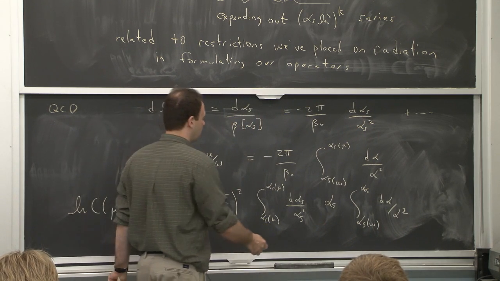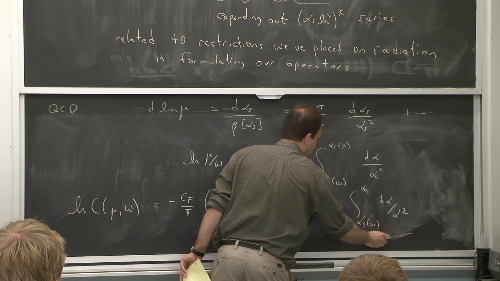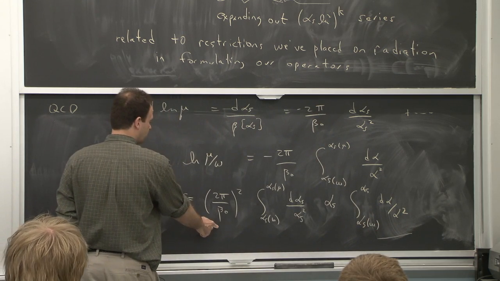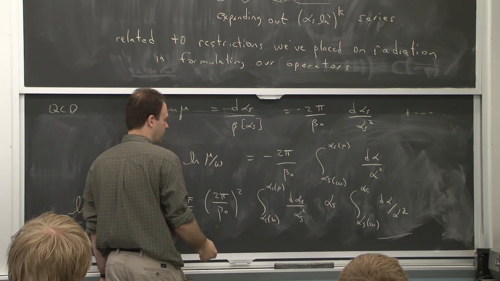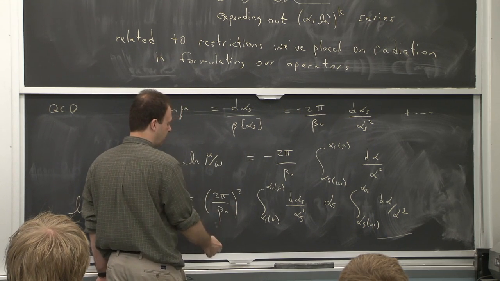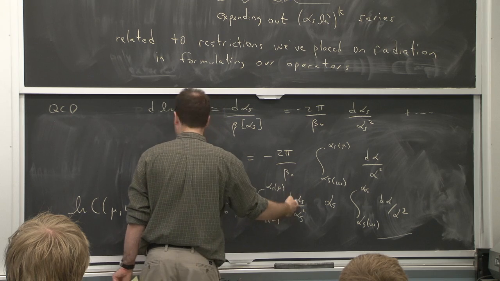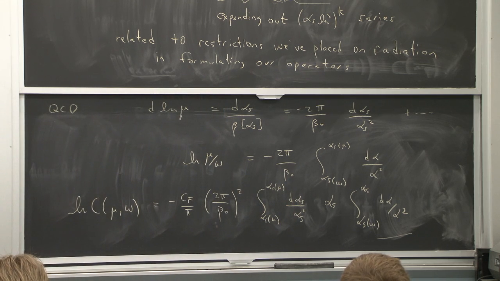OK, so the log became this thing, and then one of these factors. There's a minus sign, but then when I use this formula twice, the minus sign goes away, and I get two of those factors. This is the other measure here from the explicit d log mu.